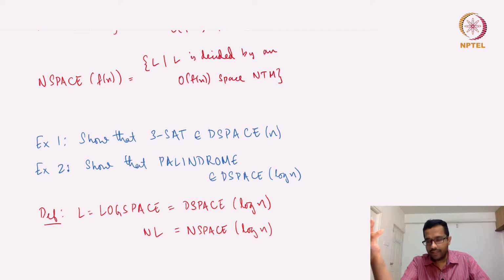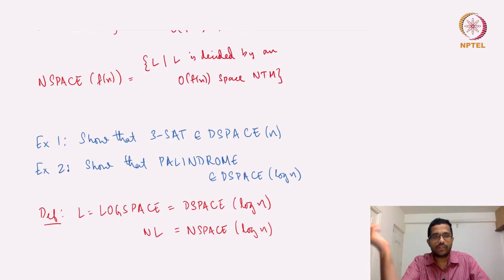Why is palindrome in DSPACE(log n)? Because you could consider the following approach. You could just check the first symbol, then the last symbol, then the second symbol, then the second last symbol. So all you need is a counter to keep track of whether you are at symbol i and n minus i, or n minus i plus 1, right?